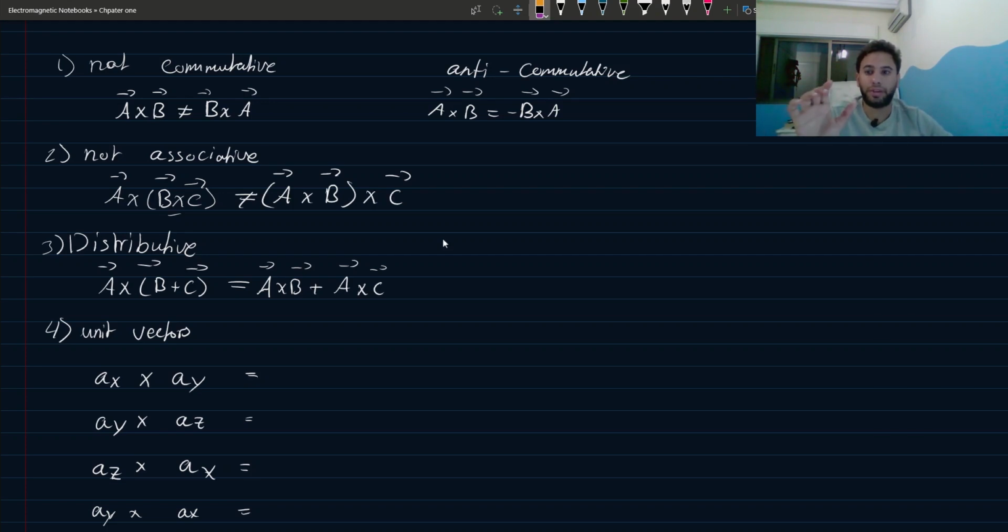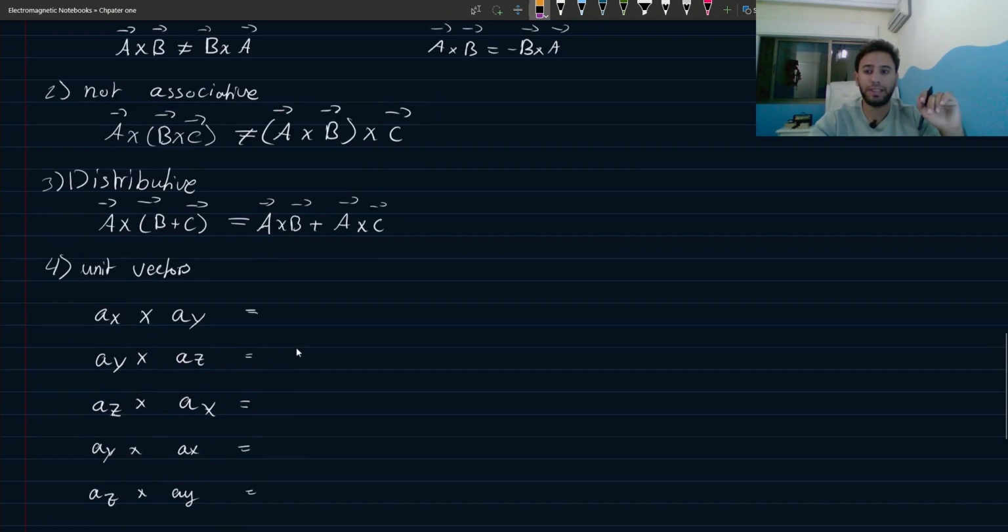So if we have A cross B cross C, and the parentheses is between B and C, we cannot just take out the parentheses and put them between A and B to make it easier for us. That will give us a wrong answer. But fortunately enough, it is distributive. So if you have A cross B plus C, you can distribute the cross inside the parentheses and make things easier for you, if that will make things easier for you.